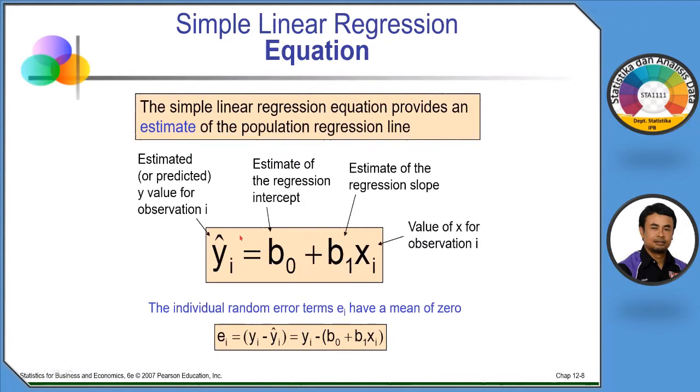So this one is the predicted or estimated y value for the ith observation, which is equal to the estimated intercept plus B1 times xi.